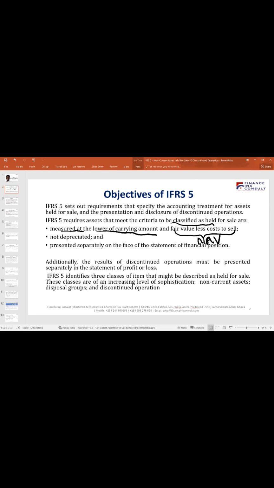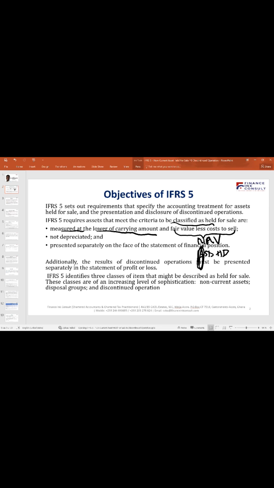Okay, so additionally, the results from discontinued operation. A discontinued operation is like you having a product line or a segment, and you are shutting it down. You are not closing the entire business. So for example, maybe you produce soap and drink, and you just want to discontinue or close down the soap operations.